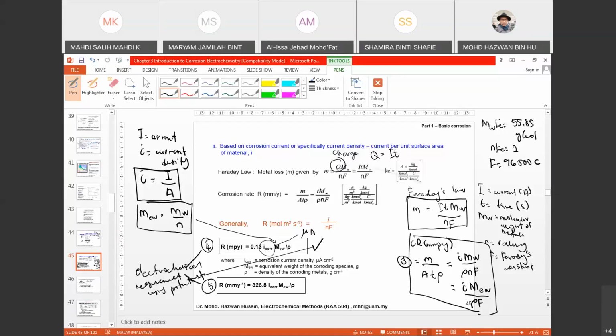If the value is not in microamperes, then you have to multiply by 10 to the power of 6, then you will get it in microamperes. This one is another formula. It's almost the same, except that the unit is different. The constant value here is not the same.